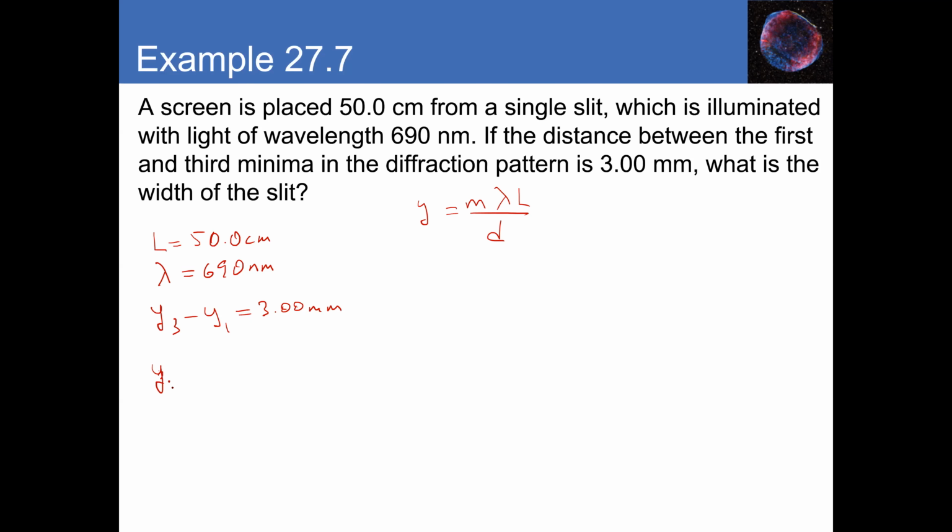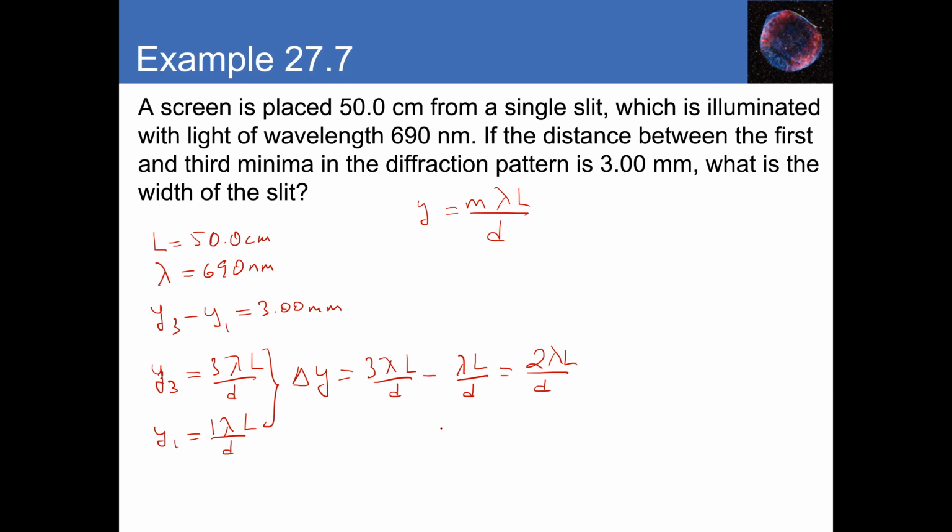So y3 is equal to 3 times lambda L over d, and y1 is equal to 1 times lambda L over d. That means delta y in this case will be 3 lambda L over d, then minus lambda L over d, because m equals 1. What we get here is 2 lambda L over d.